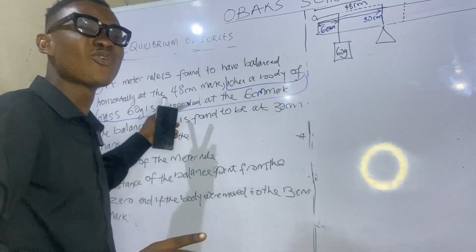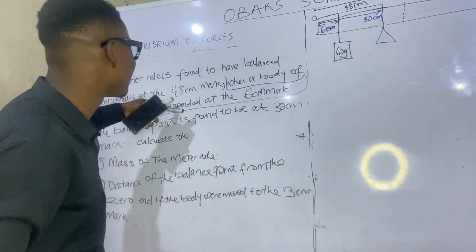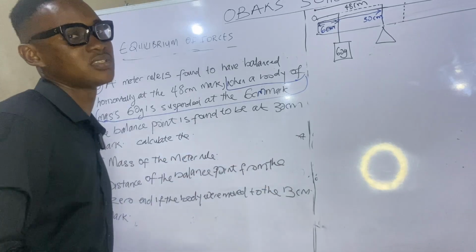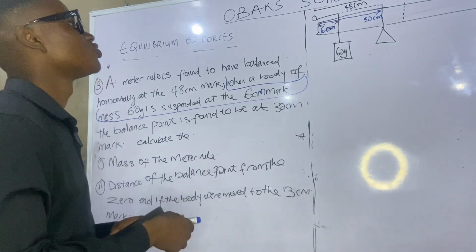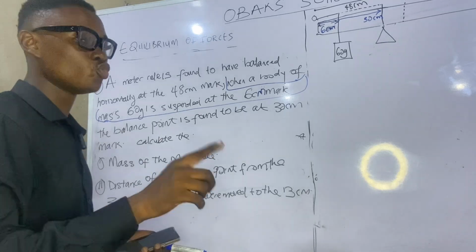That is telling you that according to this question, this 48 centimeter mark is the center of gravity, where the weight of the ruler will act.